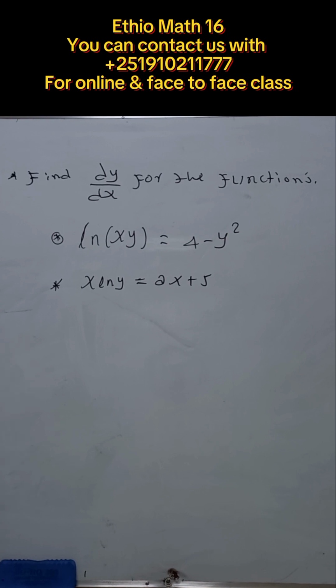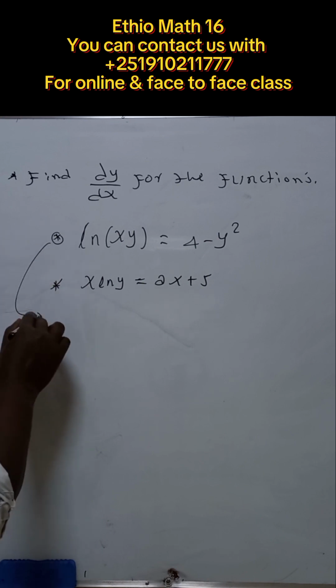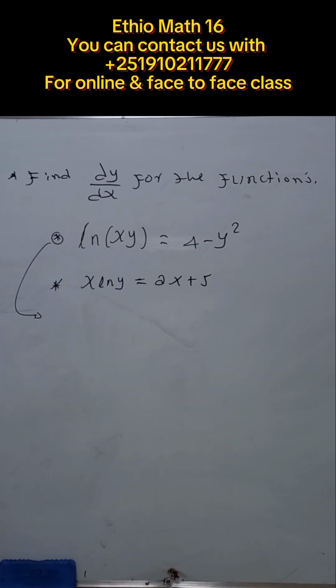Well, now let me explain how we are going to find the derivative of this function with respect to x. Let me come to the first problem, that is ln of xy equals 4 minus y squared.